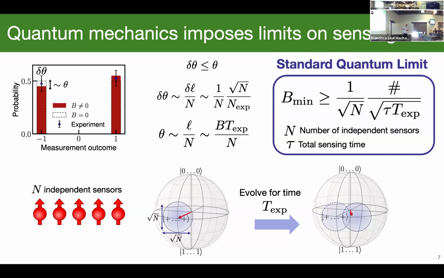And again, we can plug this in and get exactly the same standard quantum limit. It's kind of like an any-body way of seeing how the origin of this standard quantum limit comes, even if we have multiple spins.